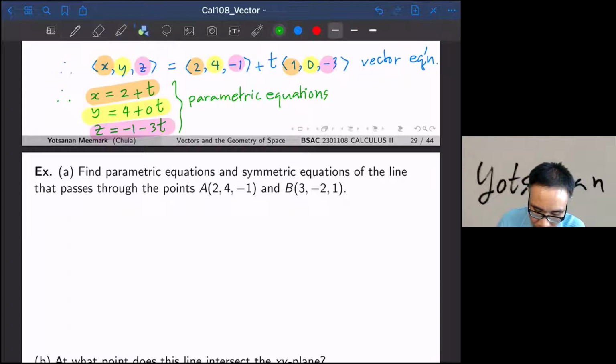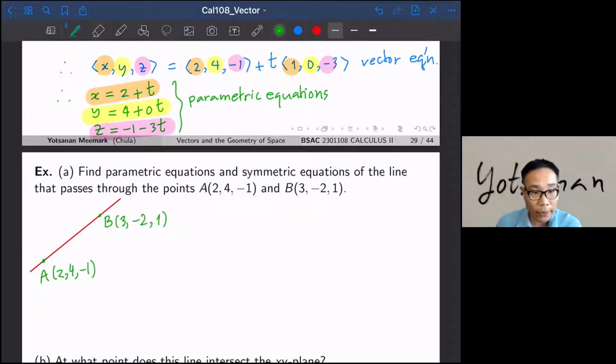Let's draw the line first, with point A and point B. You can pick any point, so let's use B as the point on the line.